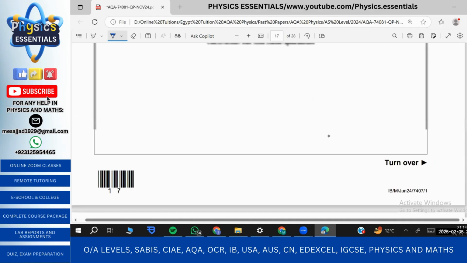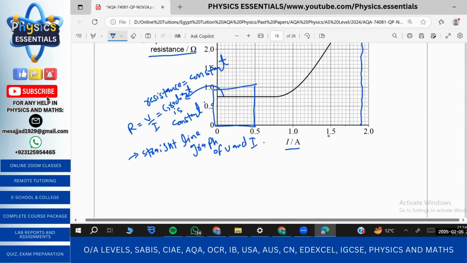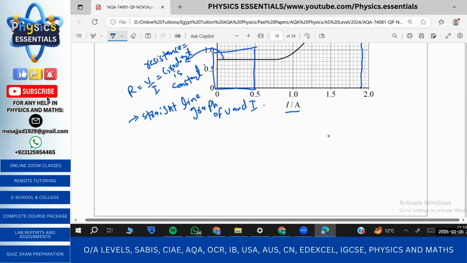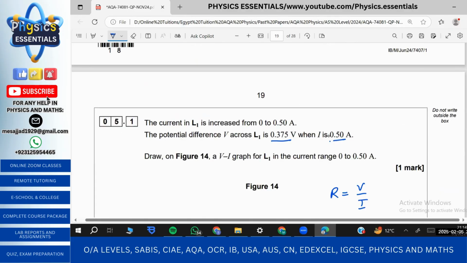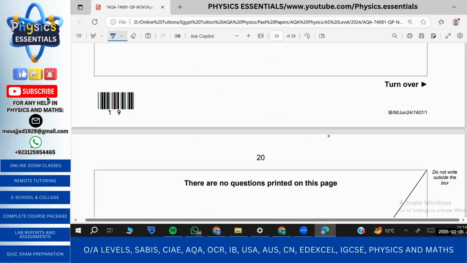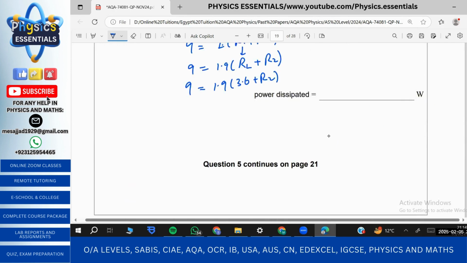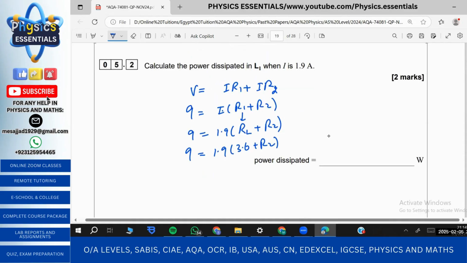Have they given some resistance here? So R2, okay, let's find out. Let me calculate that. 9 divided by 1.9. This is going to be 4.73 minus 3.6, 1.13.